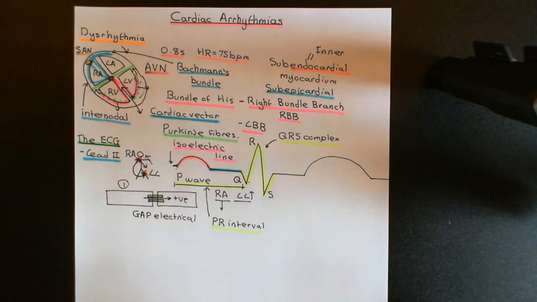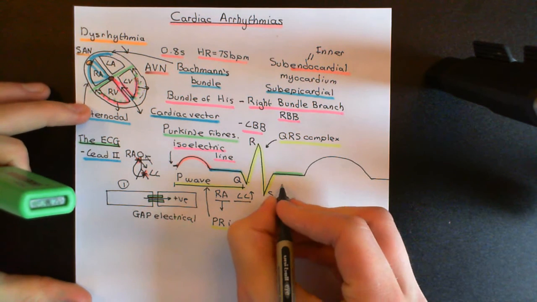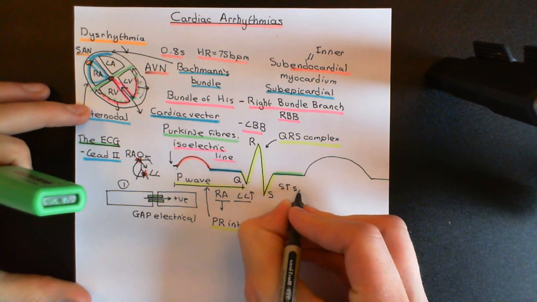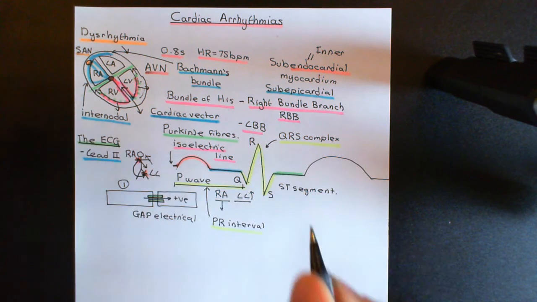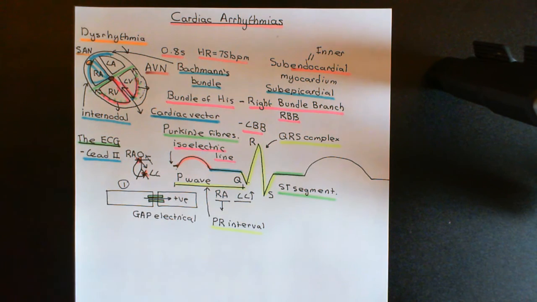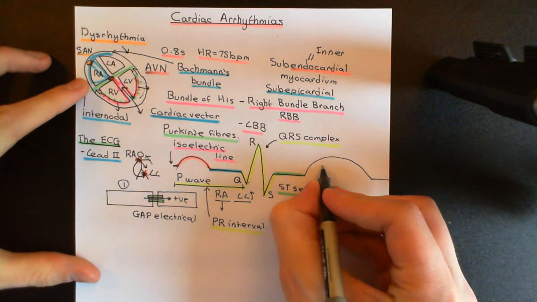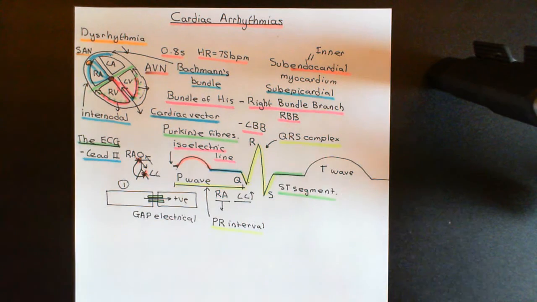Okay, after the QRS complex, we then have the ST segment, and this represents where the ventricular cardiomyocytes are actually contracting whilst their action potentials are in the plateau phase. Okay, so no propagation of intracellular current at this point. Then what we've got here is the T wave. Now this requires a new concept.